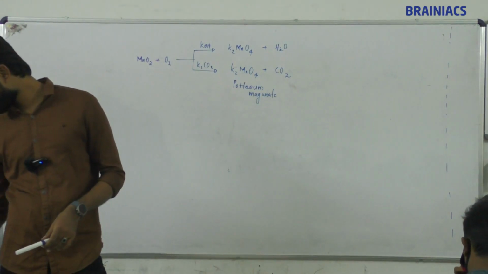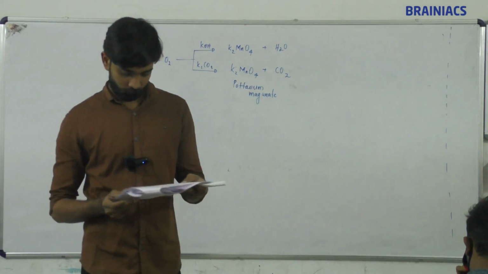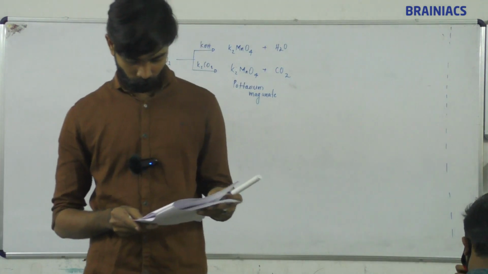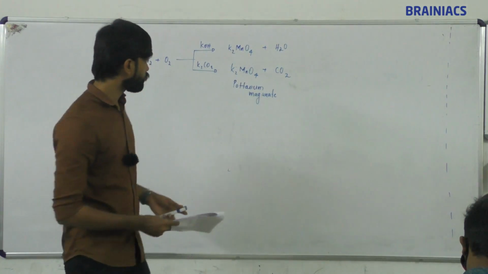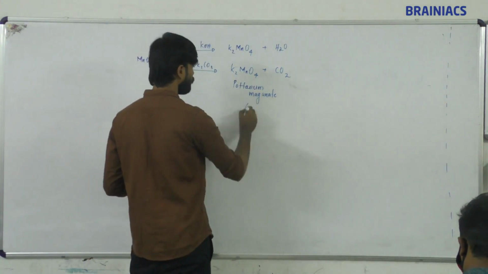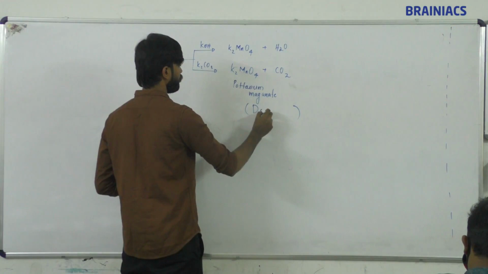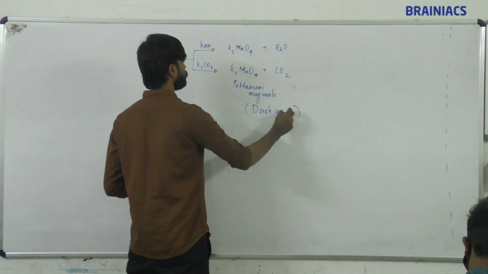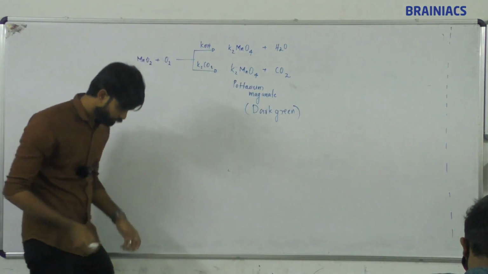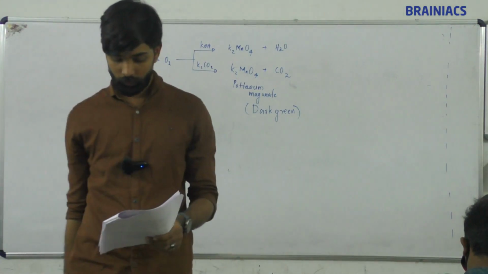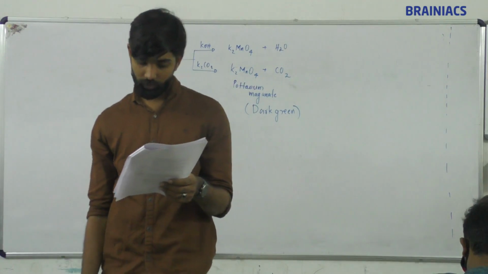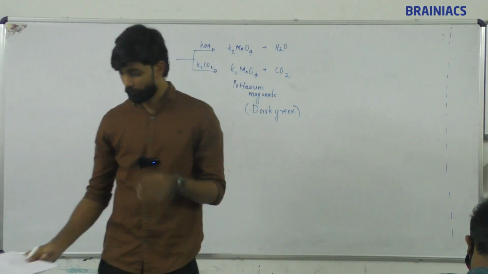Second step in your textbook. K2MnO4 is a dark green compound. The next method in your textbook is the disproportionation.